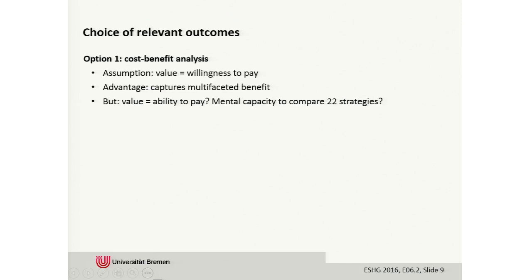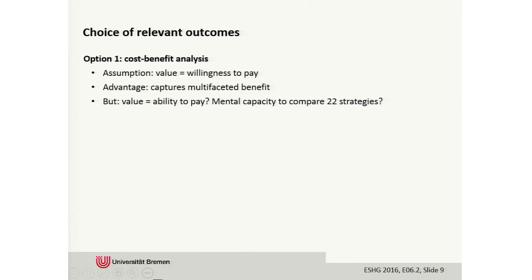But it has a big disadvantage. Consider we would do in Germany a willingness to pay study and ask how much are you willing to pay for a screening program for cystic fibrosis, or how much are you willing to pay for beta thalassemia? I would expect that the willingness to pay coming out of this study for cystic fibrosis is higher than for beta thalassemia.